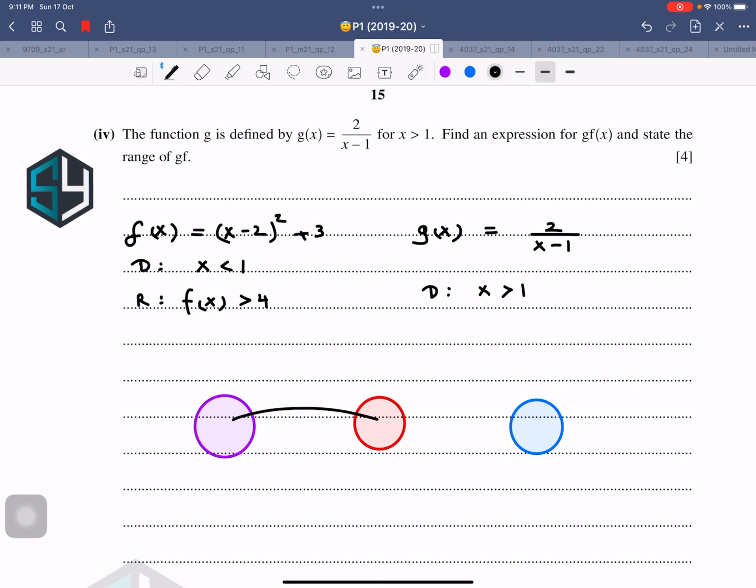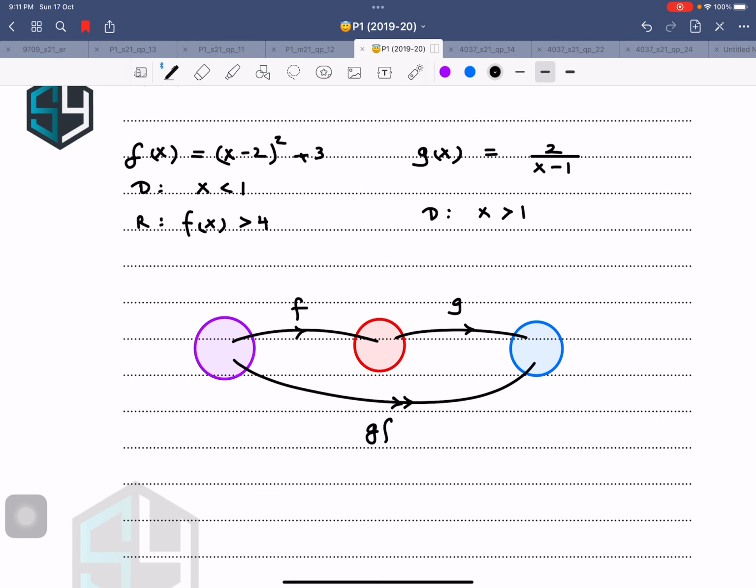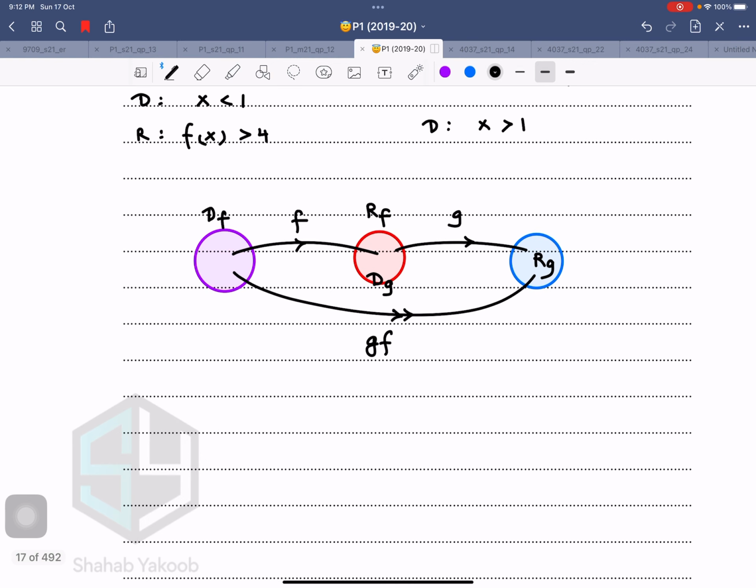So gf means first f, then g, that is g of f(x). That means we have the domain of f, the range of f, the domain of g, the range of g.